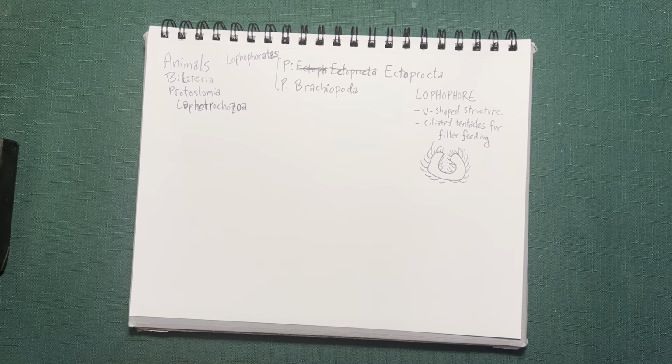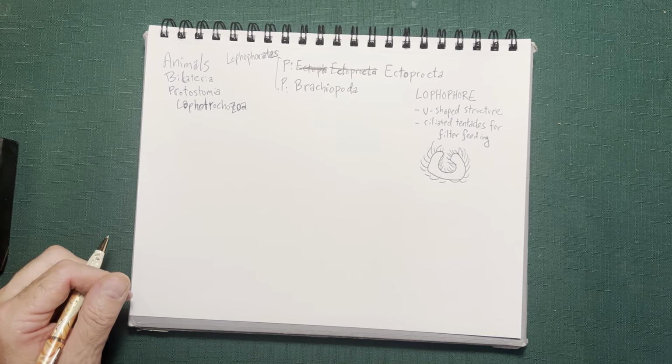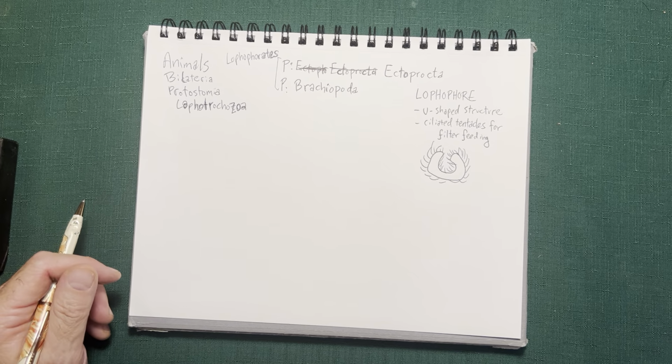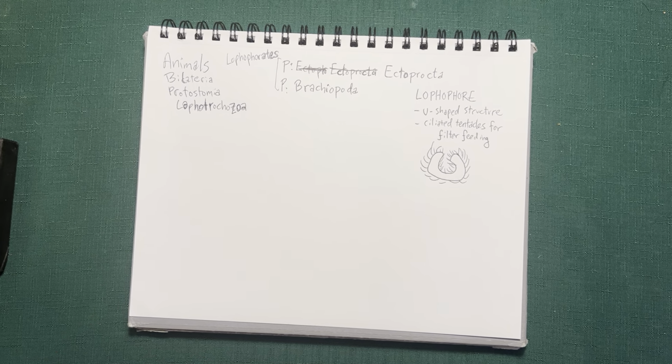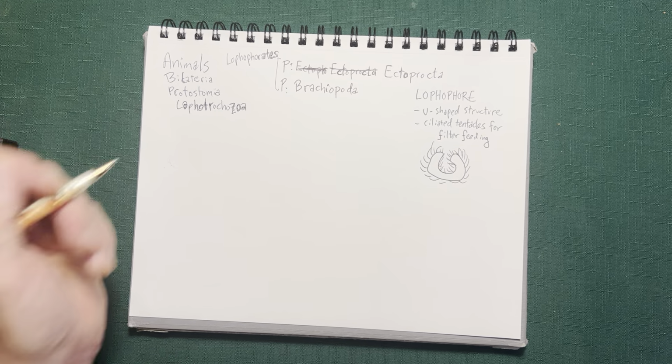So they either have a lophophore or a trochophore larva. That's the backstory on the Lophophorates and how they had to have some type of apomorphic condition that explained how they would form a clade.